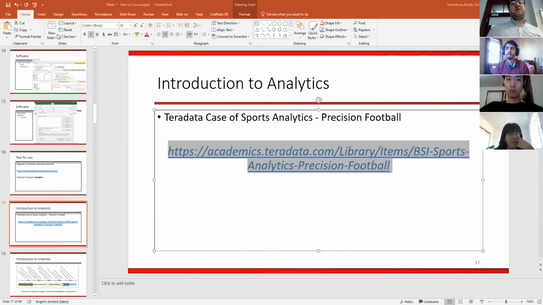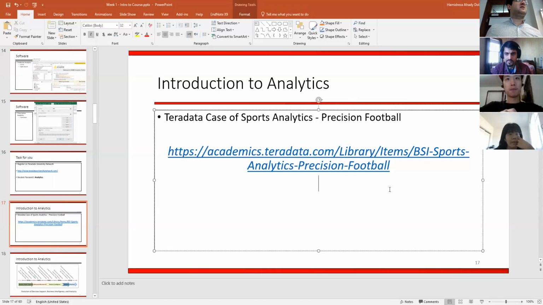So put your information there, and there's a case study about sport analytics. As your second assignment, please read this case. I think it's also in your textbook too. Let's see.